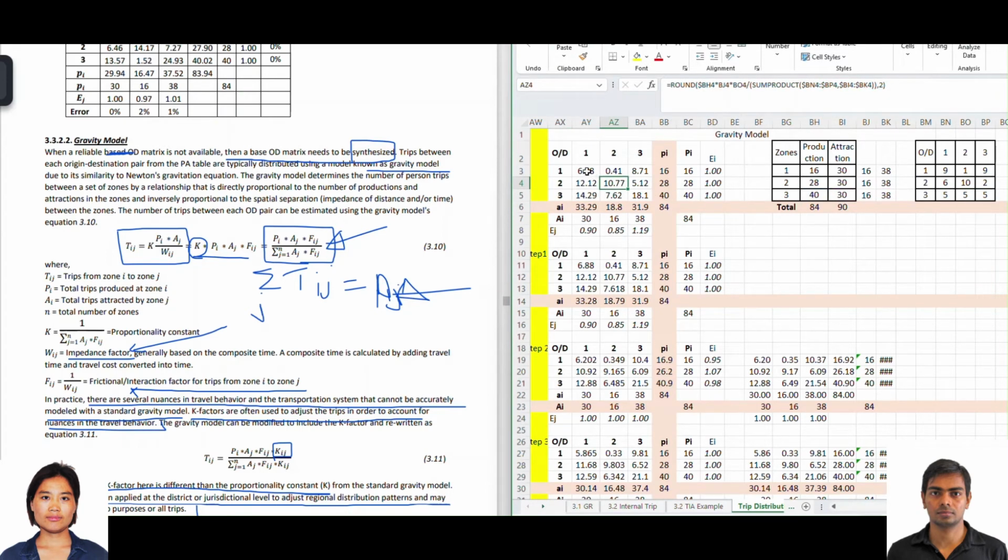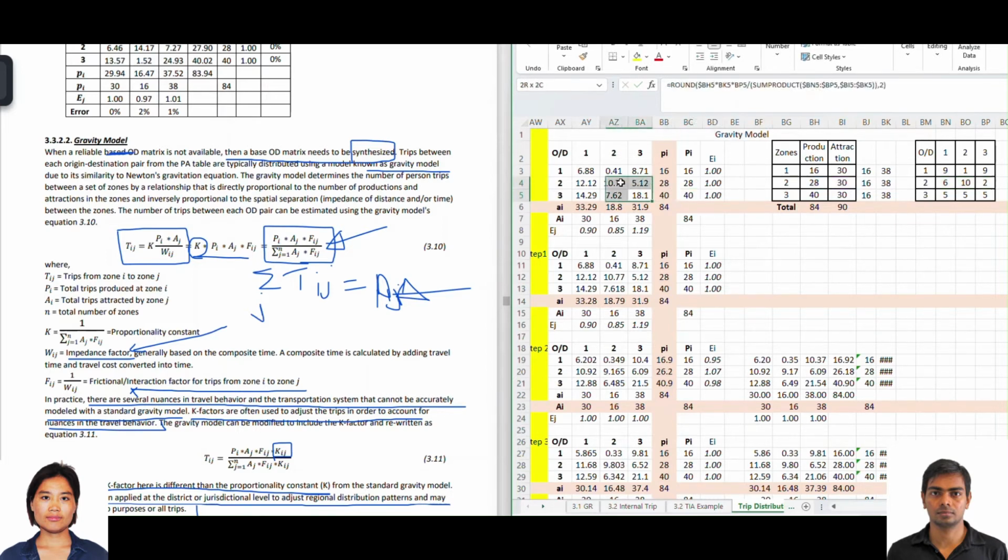This is how we can calculate each element of the OD. For the second attraction, we'll notice 16 is in use. For the calculation going from zone 2 to zone 3, we'll notice zone 3 is in play.